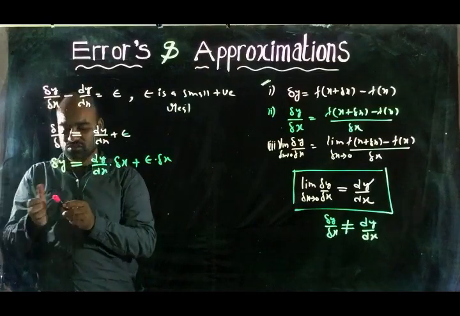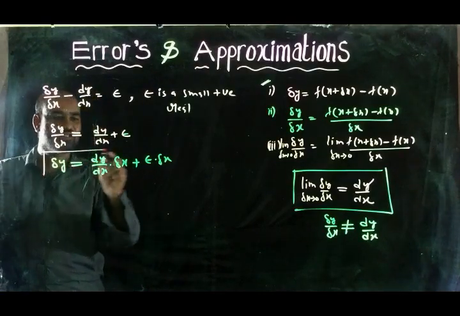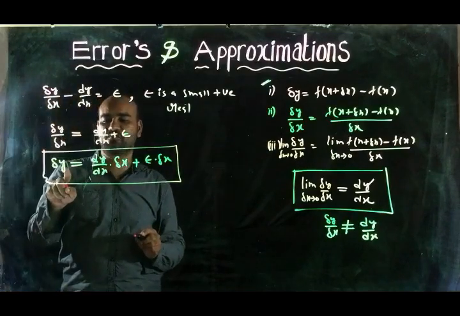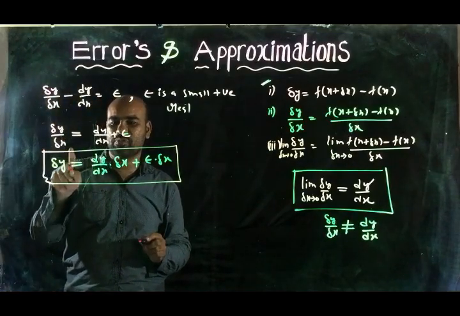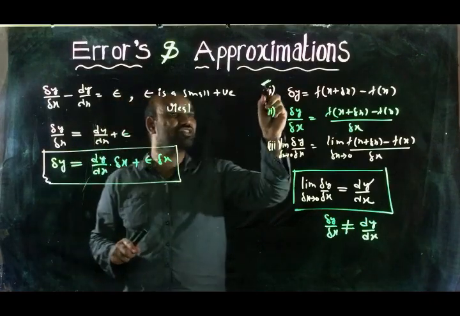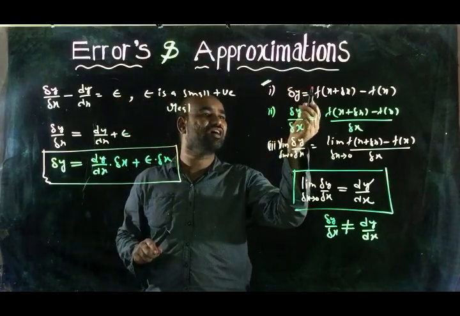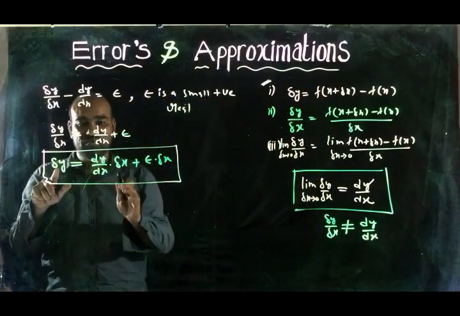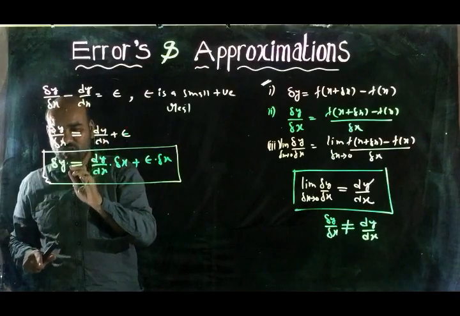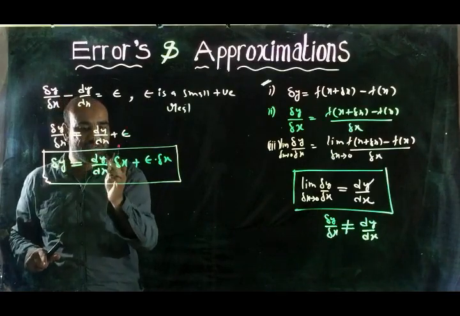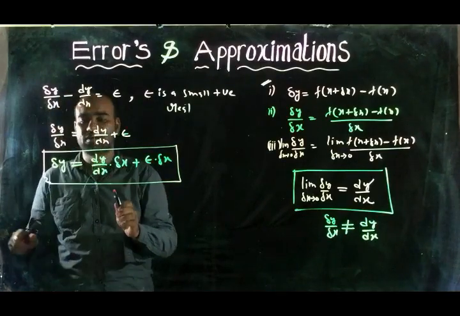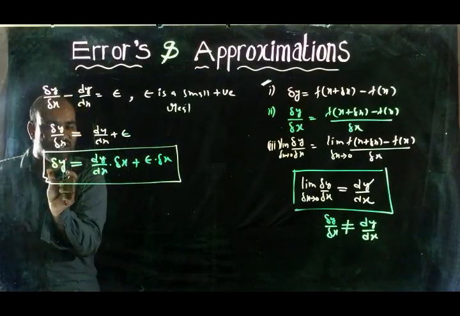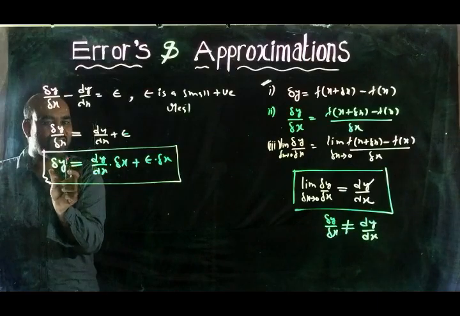So by using this formula also you can find the change that happened in y due to the change that happened in x. By using this formula we can find what change happened in y using the differentiation concept. Here delta y equals this; delta y means the change or error in y.